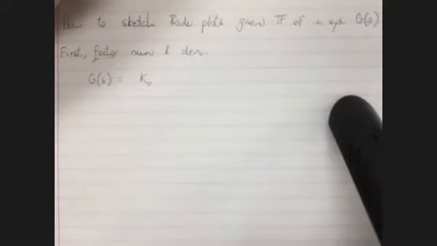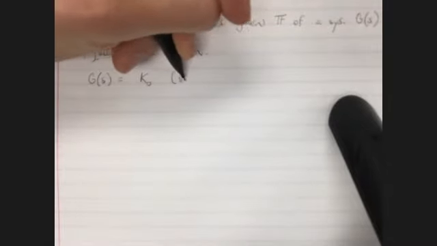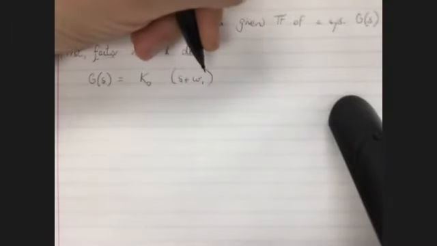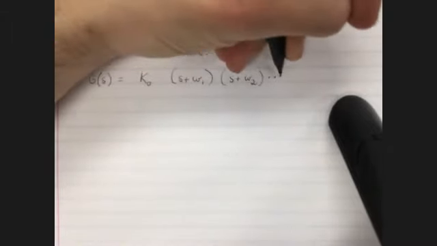Get it so that you've got G of S in this form: let's call it K0, and then the numerator, usually a polynomial, but factor that out. So you've got S plus, let's call it omega 1, S plus omega 2, and so on.